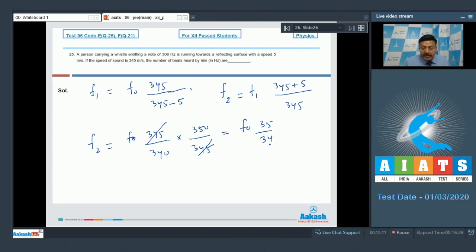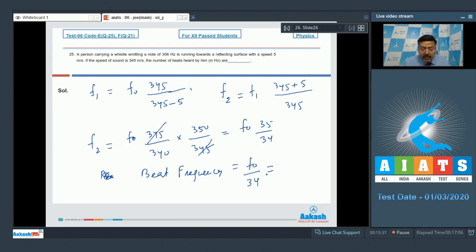The difference in the two frequencies will be the beat frequency. So the beat frequency is equal to F2 minus F0, which is F0 times 35 by 34 minus 1. So in fact this is F0 divided by 34.